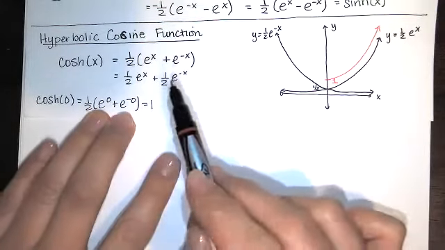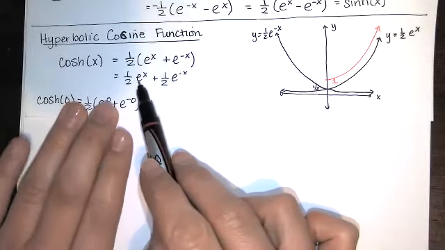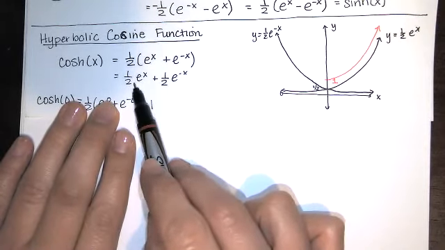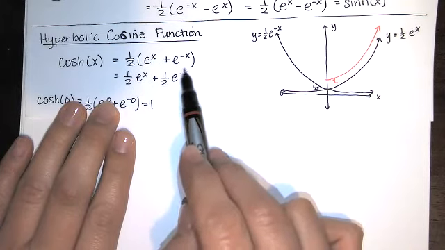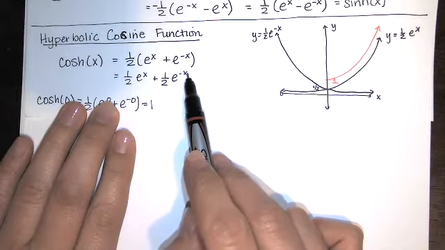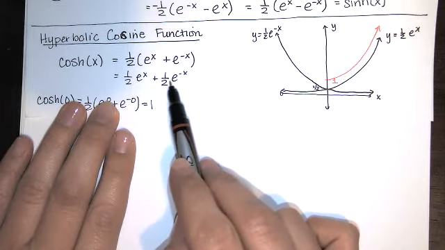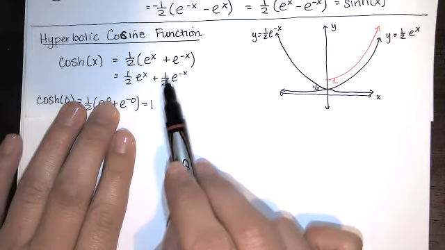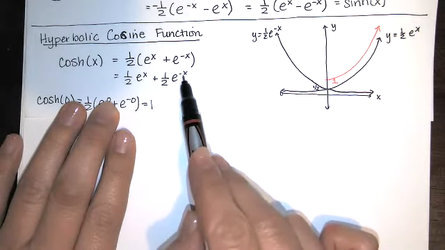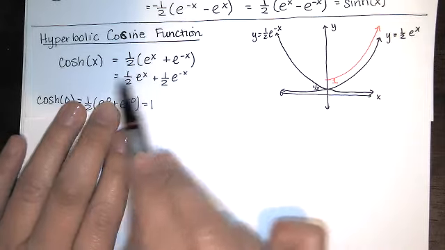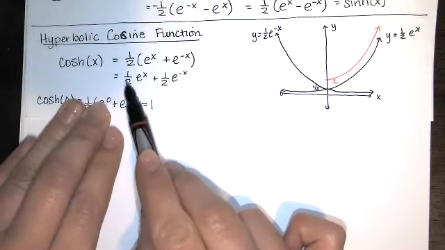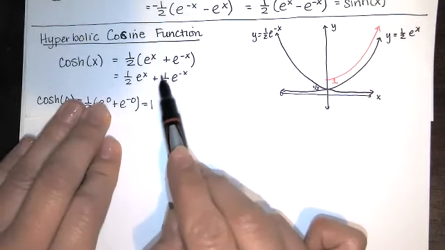Now, as x goes to negative infinity, then this would be e to a large negative power, so then this guy would go to 0. But if x is negative, this is a negative times a negative, so this is a very large positive number. So it's negative times a negative is a positive, so this would be e to a positive power. So as x goes to negative infinity, this goes to infinity, and this goes to 0, so hyperbolic cosine goes to infinity, but more importantly, this guy goes to 0, and this guy doesn't.